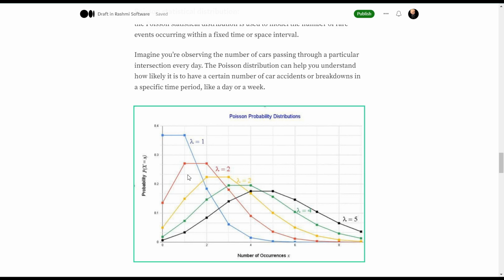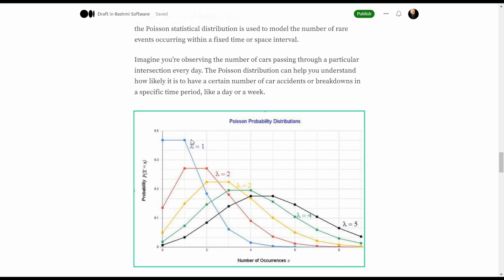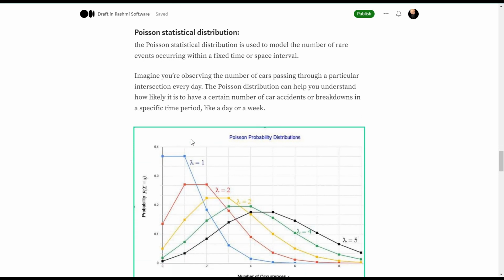We can assume these lines show the car accidents. This line shows the breakdowns in a specific time period like a day or week. It will show us every data performance in a week, in a day, and in a month. You can check day by day, week by week, and month by month with the help of Poisson probability distribution.